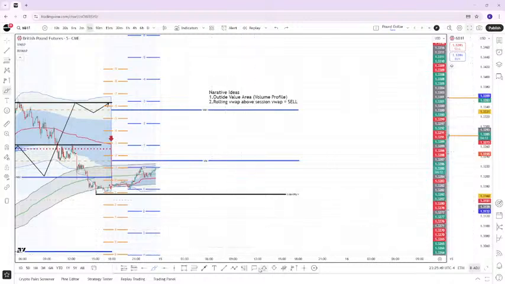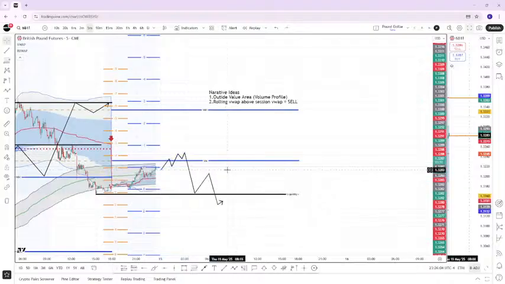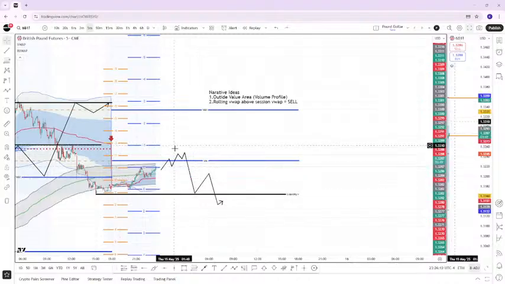Or let's do it like this: open, push up, something like this. So that's my first idea. If that doesn't work, there will be an idea where price will go higher, something like this.